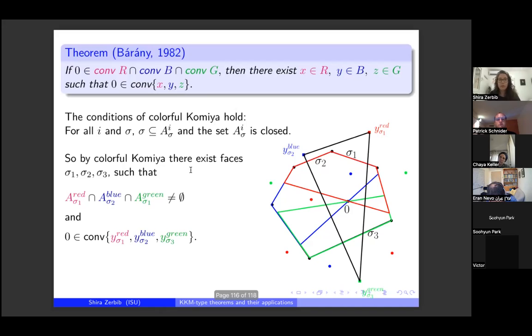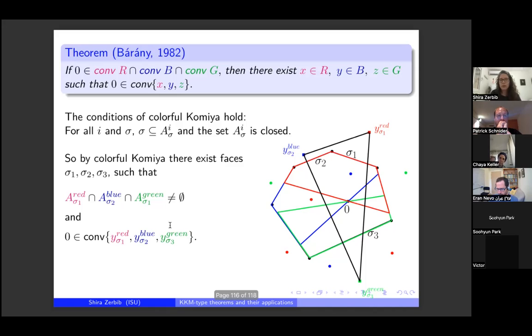So by the colorful Komiya theorem, I have sigma 1, sigma 2, and sigma 3 such that A sigma 1 red, A sigma 2 blue, and A sigma 3 green intersect. And simultaneously, 0 is in the convex hull of Y sigma 1 red, Y sigma 2 blue, and Y sigma 3 green.